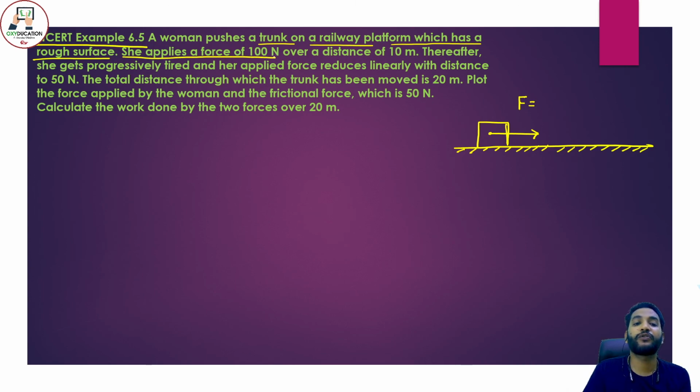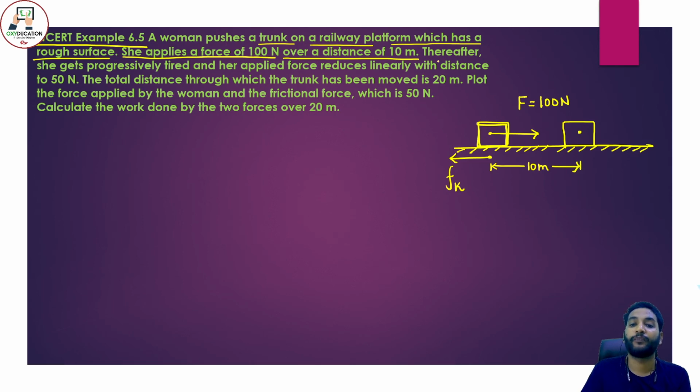She applies a force of 100 Newton. So when this body is moving, definitely there must be some friction force, that is kinetic friction, acting in the opposite direction, over a distance of 10 meter. She pulls it from here to here, a distance of 10 meter.